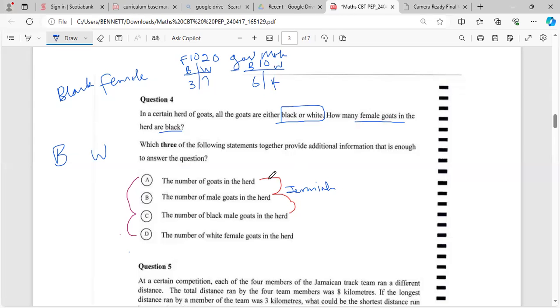The number of goats in the herd would be 20, right? The number of male goats in the herd, 10. The number of black male goats in the herd, which is 6. Could we tell the number of white female goats from that information?